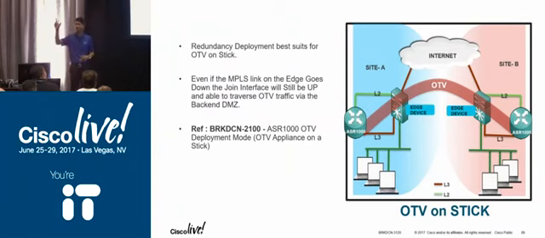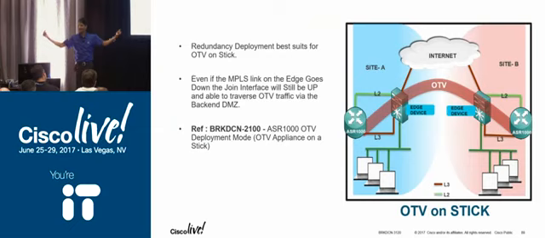Just one question you have to ask yourself: where exactly is my join interface? In OTV on a stick, just have a look at the diagram there on your right-hand side. The edge devices would have only those internet links. Your OTV services would be provided by the ASR1000 sitting in the back end of these edge devices.